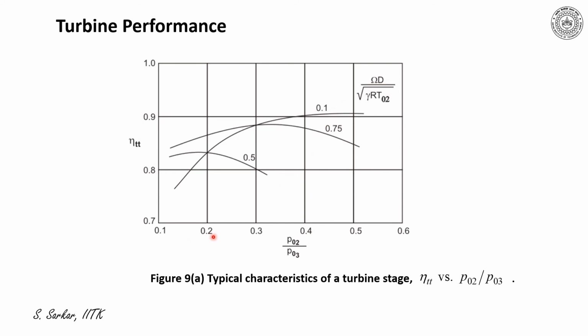Now, if I consider the operating speed omega d by root over gamma r T02 as 0.75, it indicates that even for high pressure ratio, say 0.4 per stage, it maintains a considerably high efficiency. Thereby, from this characteristic, one can say the per stage pressure ratio is higher in case of a turbine as compared to that of compressor.